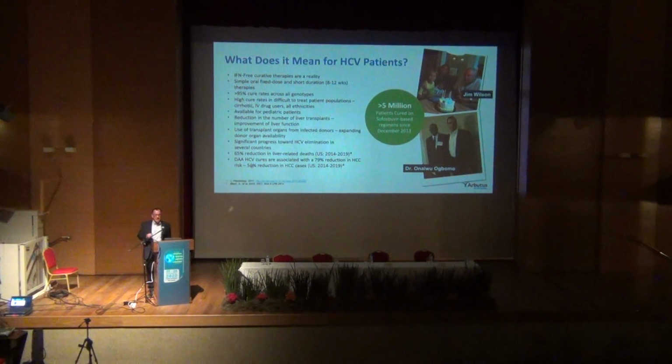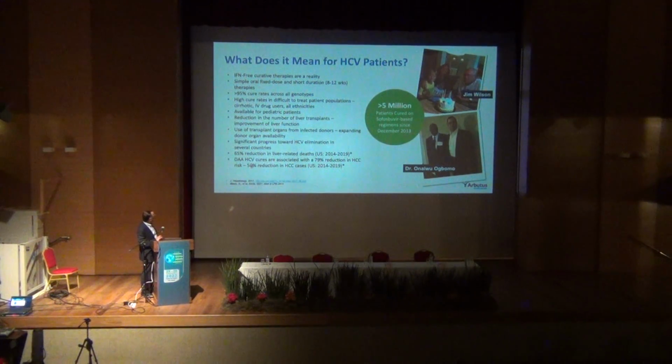In fact, today, transplant patients have expanded access to livers because now they're actually using HCV-infected livers and kidneys in patients and then giving the drug to the patients after transplant to cure their HCV. So you're getting an expansion of the number of donors that are available for patients.